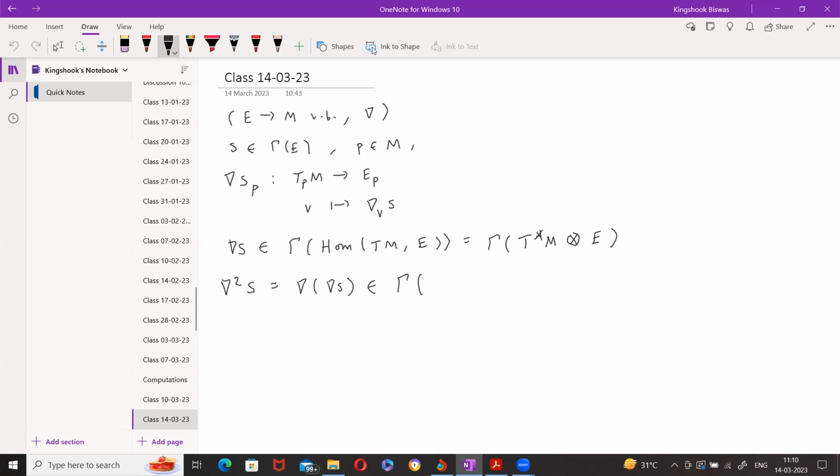It would be T star M tensor T star M tensor E. That's right, you just add in another factor of T star M. Is this clear?